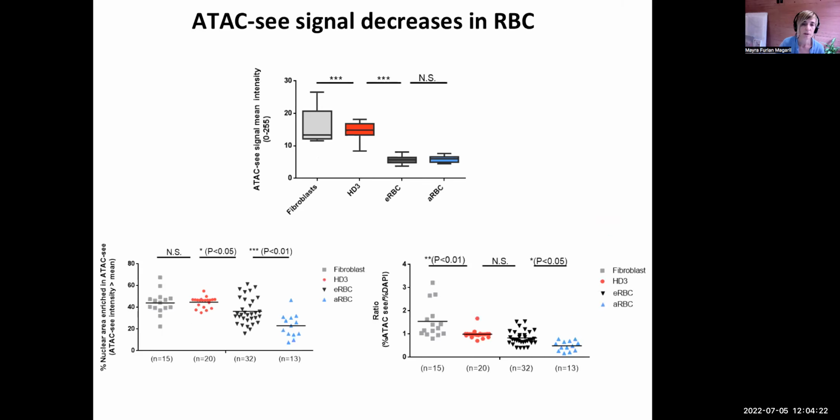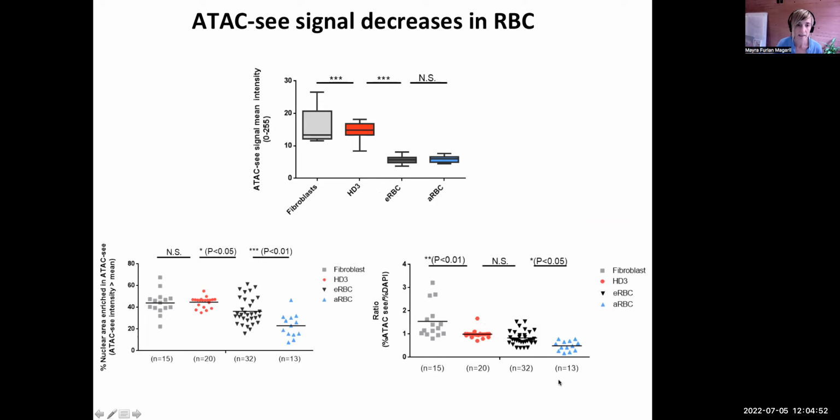So first of all, we saw, as we expected, that the general accessibility of the genome is decreasing in the red blood cells, from the erythroblast to the red blood cells. We always use a fibroblast as a non-erythroid cell control. And we can see this very clearly by ATAC-C mean intensity, the percentage of the nucleus that is enriched with the ATAC-C signal, and the ratio between the ATAC-C and the DAPI.